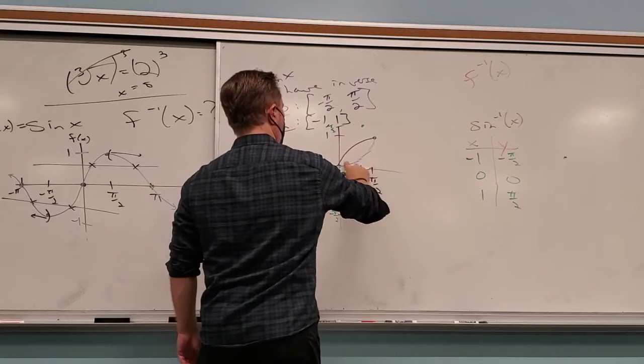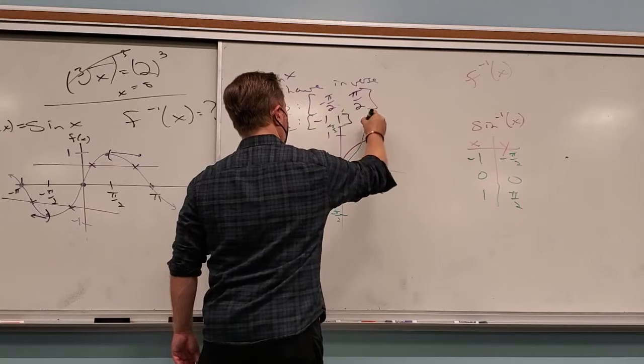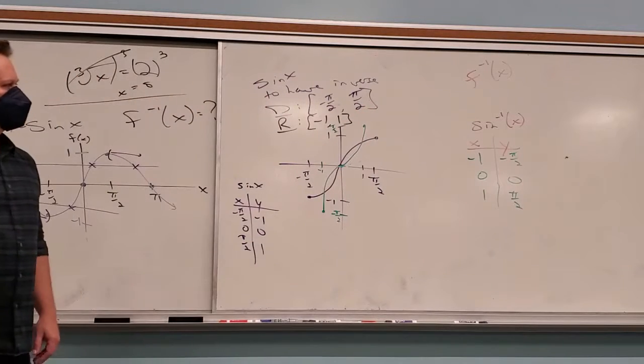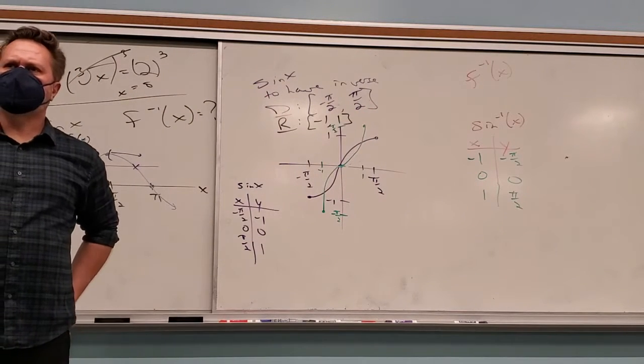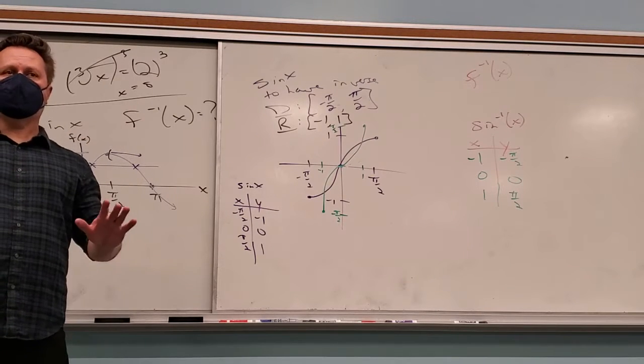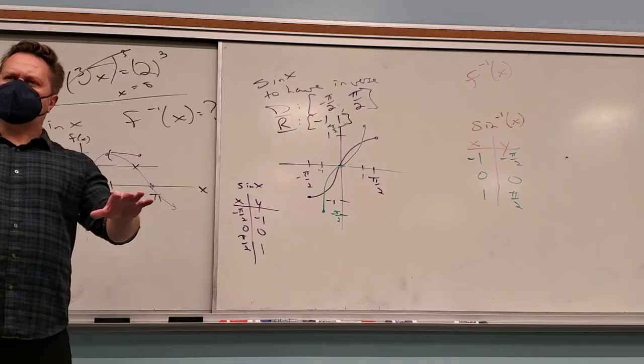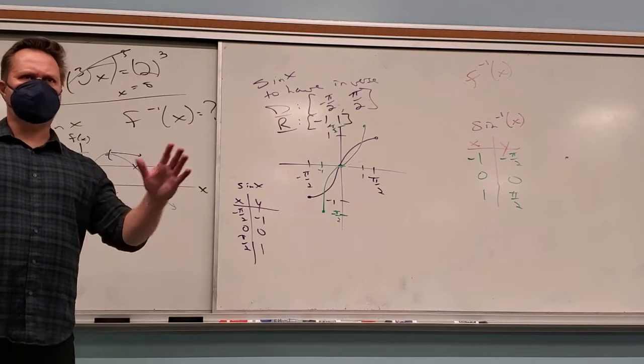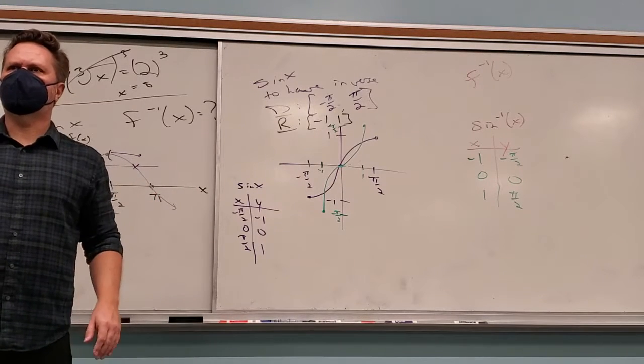Oops, Jeff. Funkadelic. It looks a little bit like a cube. Right? Now, to be really honest, I don't care too much about the graph of the inverse, but we might as well do it once just to kind of have it up there, right?